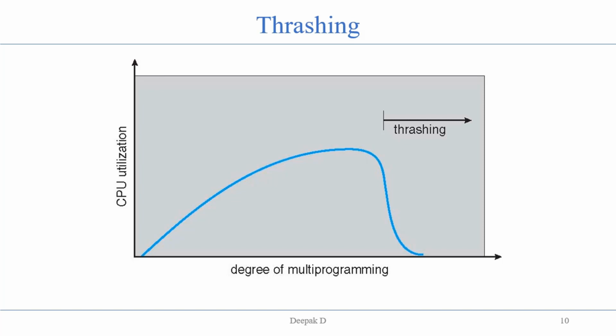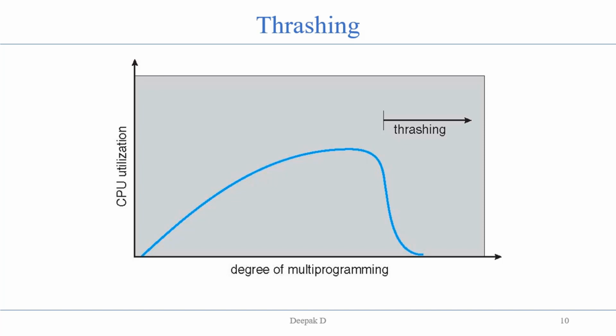So it has to allocate frames to this new process. What it does is the process will take the frames which are allotted to the other process. When the process takes frames from the other process, the CPU utilization decreases and again the page fault rate increases.